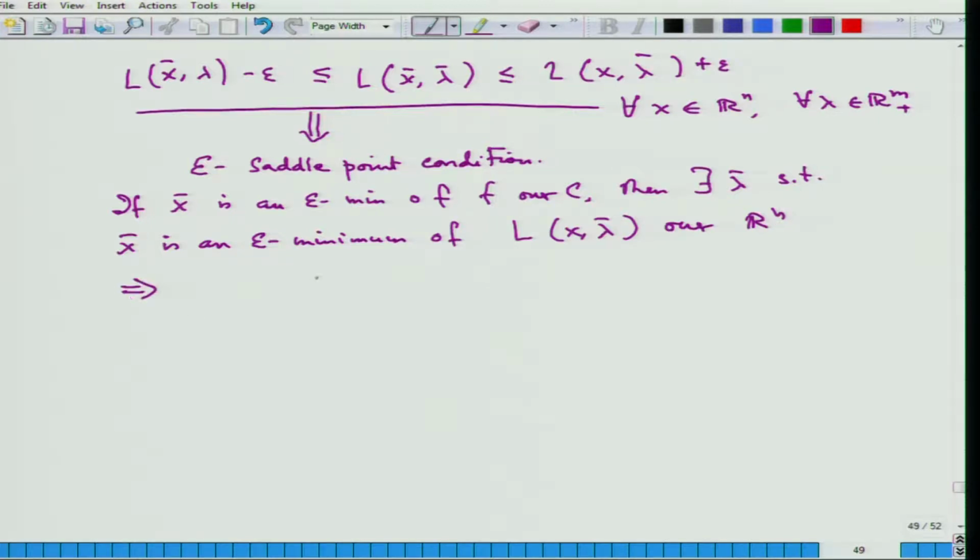This would simply mean that 0 is an element of the epsilon-subdifferential, so this is an optimality condition, which is a necessary optimality condition.